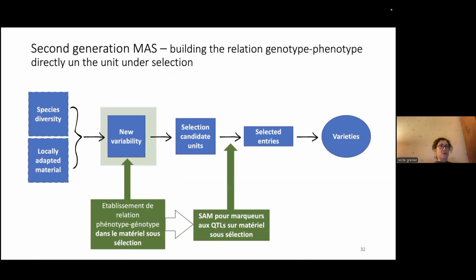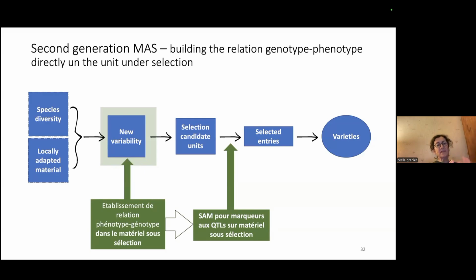So that was the first generation of marker-assisted selection. Now we are going to move on to the second generation, which is basically different because here you build the genotype-phenotype relation directly for the unit under selection. So you create a new variability using the species diversity and the locally adapted material, and you establish the phenotype-genotype relationship in this material, which is a material under selection.